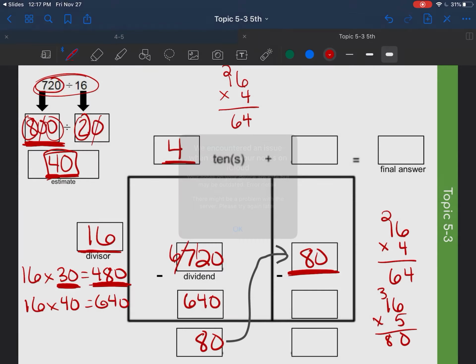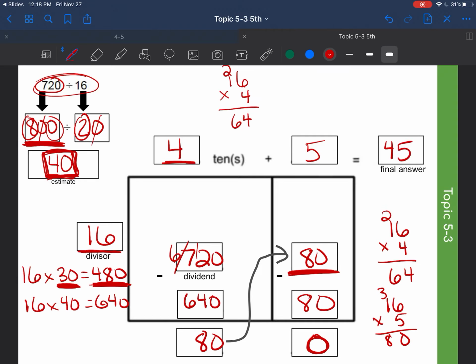So 16 times 5, okay, gives me 80 exactly. 80 minus 80 is 0, okay? So I have no remainders. I got it exactly. So my estimate was 40, okay? But my actual answer is 4 tens plus 5 ones, which is 45.